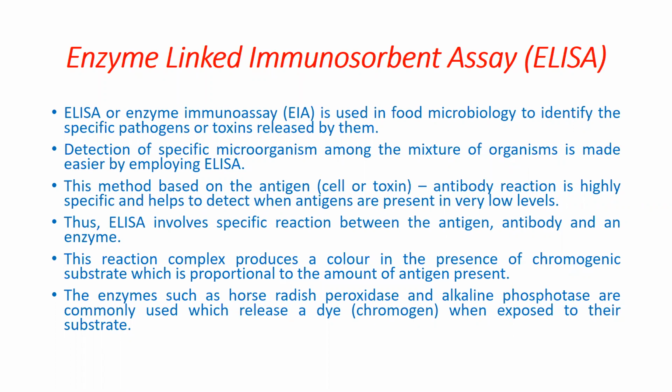Three things are there, and this reaction complex produces a color in the presence of a chromogenic substrate, which is proportional to the amount of antigen present. So when this complex forms, antigen, antibody, and enzyme all together, there will be a color change of the chromogenic substrate, which is proportional to how much antigen is present. The enzymes we commonly use are horseradish peroxidase and alkaline phosphatase, most commonly used, which release a chromophore when exposed to the substrate.